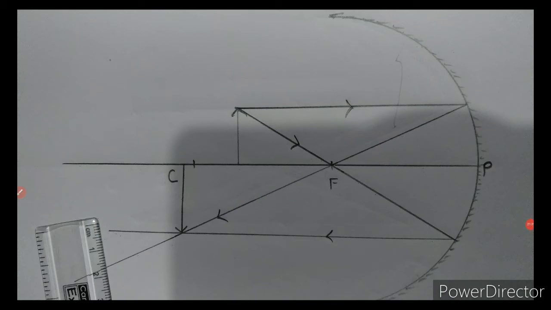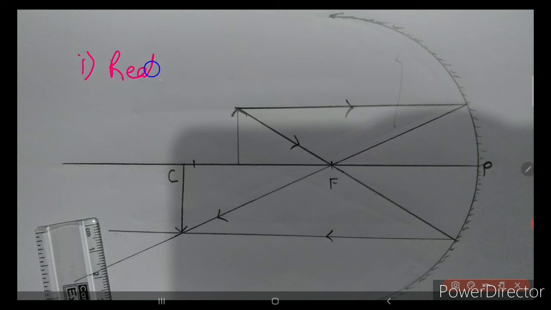So again you can see the nature of the image formed. This is quite easy to see here. First thing, it should be real. Next it should be inverted, and I hope you know the reasons why now.